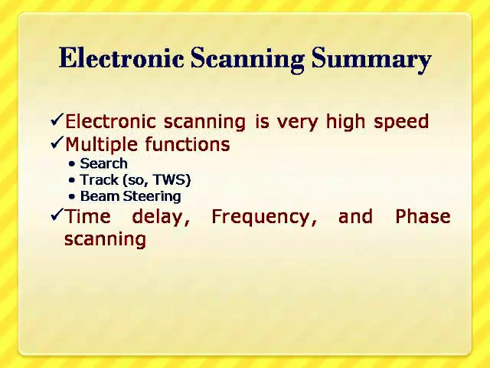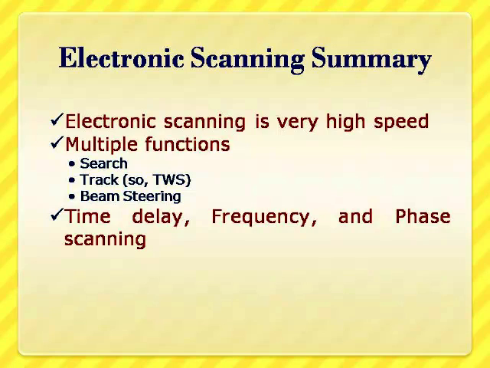Let us recapitulate what are the advantages we are going to derive by going for electronic scanning methods. The first and foremost is that we will be able to do the scanning at very high speed by switching over to electronic means. The second objective is multiple functions.